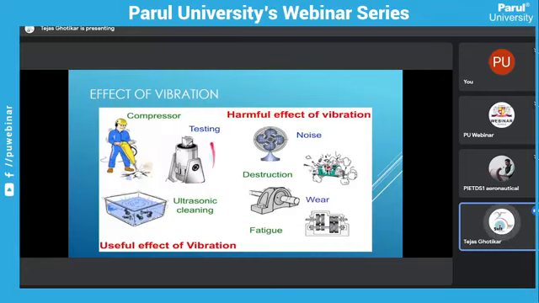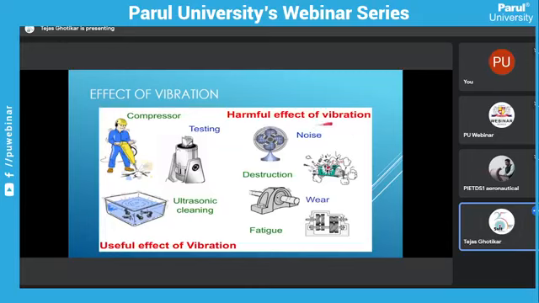Also we have vibration testing machines, ultrasonic cleaning, and even in our mobile phones we have a vibrator, the vibration mode. Apart from that, we have massagers or vibro conveyors. All those are applications of vibration, so we can use vibration for useful work. All the musical instruments are also working on the principle of vibration.